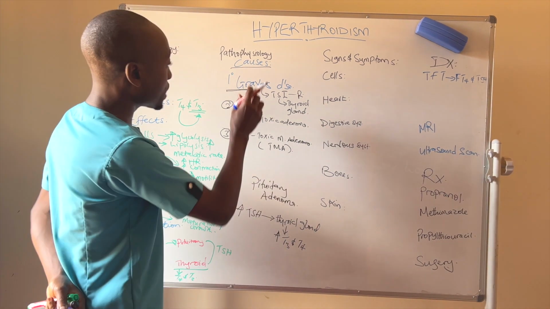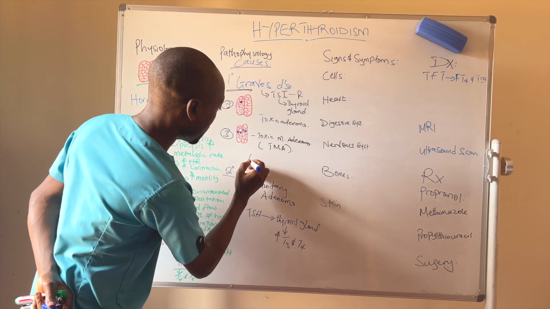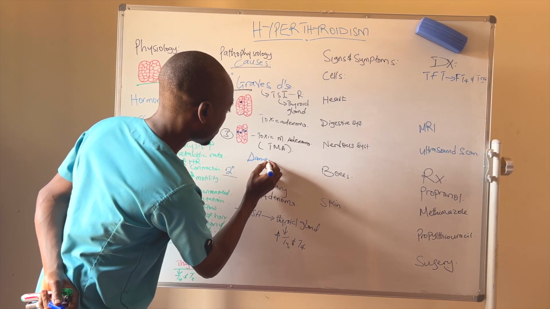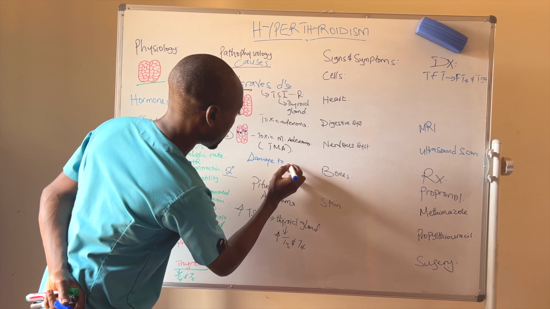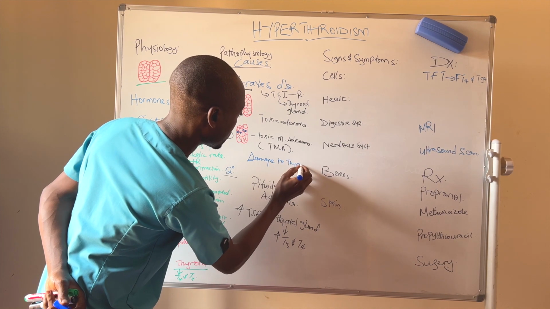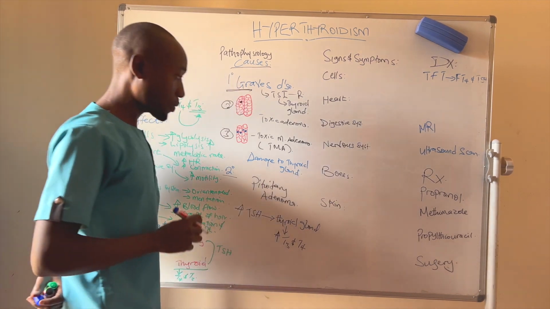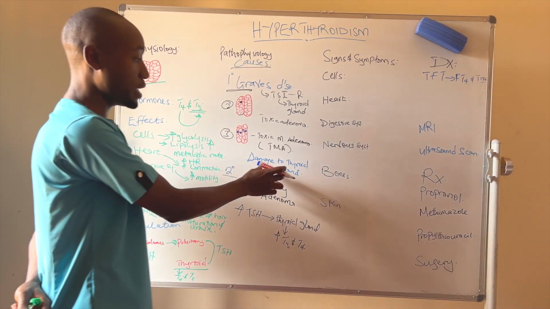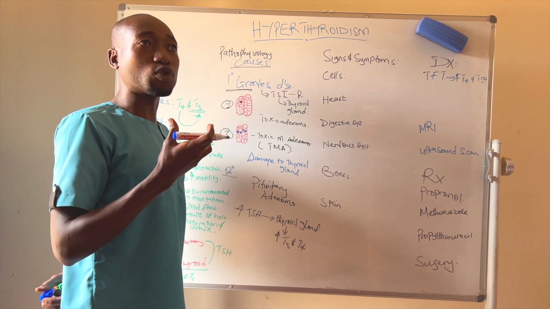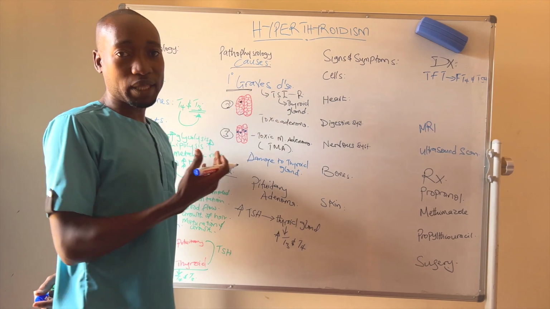Now, there are some other causes that are not really very common. There are causes whereby you have damage to the thyroid gland. The reason I'm bringing this at the end is that normally this causes what we call a transient hyperthyroidism.